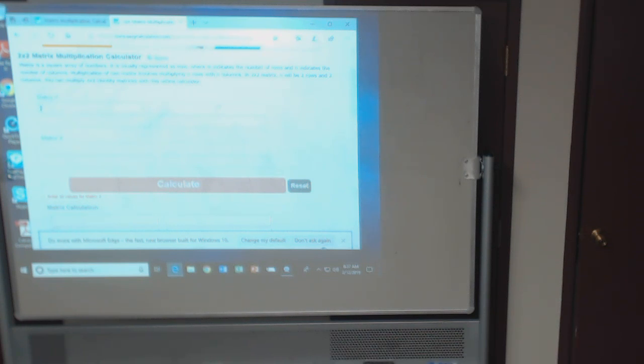Why is it doing that? Well, what's happening here? Negative. Huh.